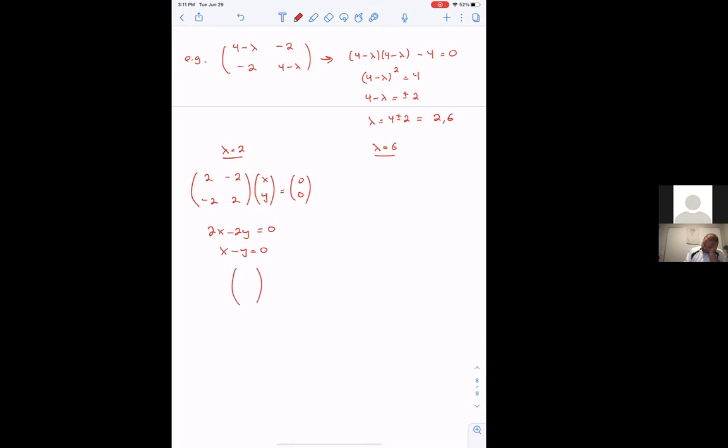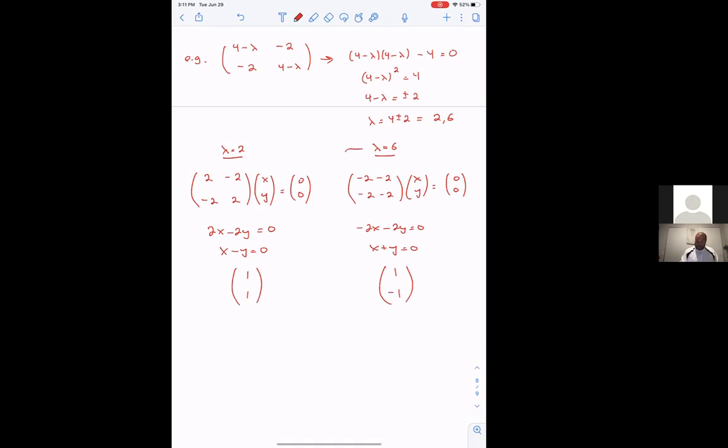What's the simplest vector that fits that equation? (1, 1). The other one, if I plug in 6, I get -2, -2, -2, -2, acting on (x, y) equal to (0, 0). So that's -2x minus 2y equals 0, or x plus y equals 0. So the simplest one for that is (1, -1).